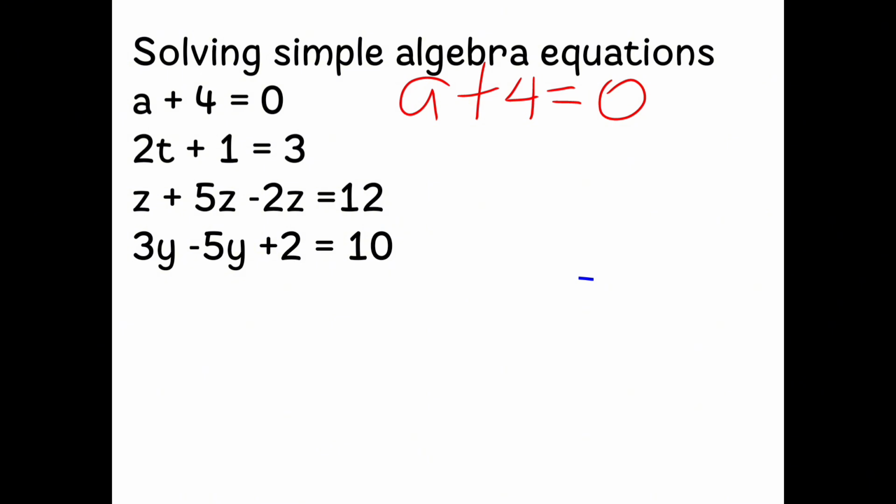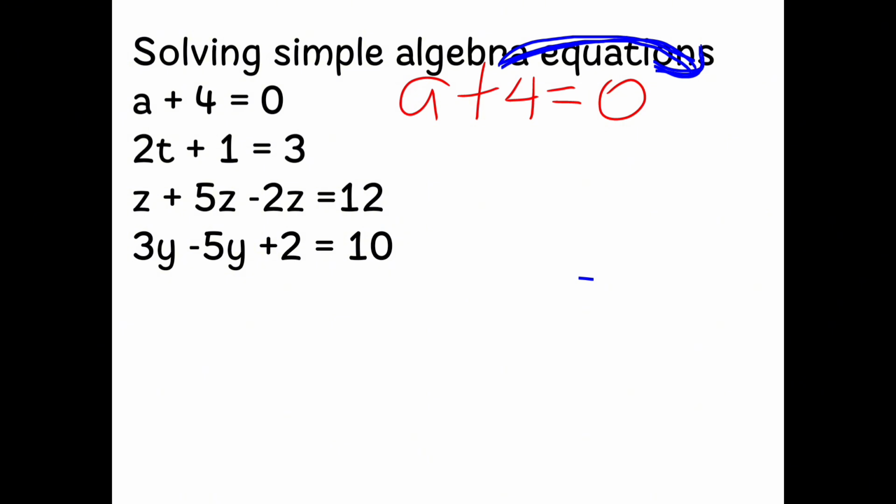So the implication of that is we are going to carry this plus 4 to the other side, and carrying this plus 4 to the other side means that the sign is going to change. Whenever your sign crosses the equality sign to the other side, it will change to the opposite sign.